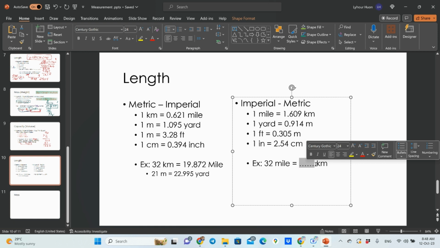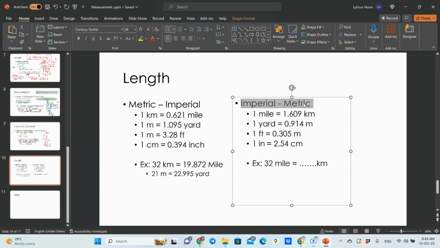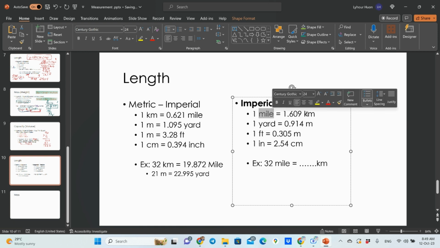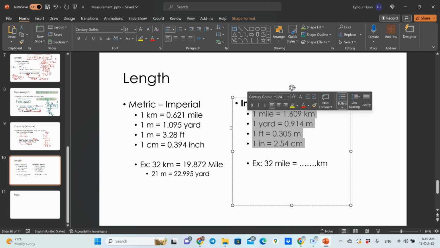How do we know if we multiply or not? If you use this table, meaning it's from imperial to metric, so always multiply. This is already given as imperial to metric. So if you convert imperial to metric, from mile to kilometer, yards to meter, always multiply. What about metric to imperial?